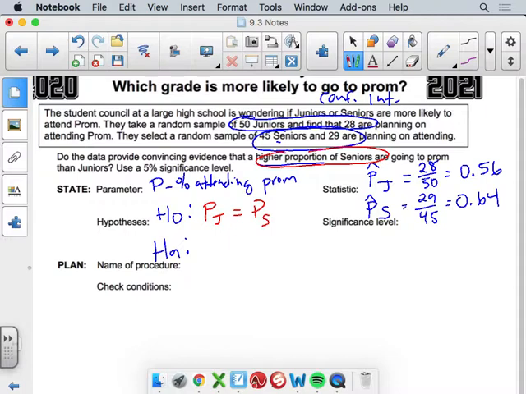So p_J equals p_S. And then my alternative, we think seniors is higher, so p_J less than p_S. You could have easily written these the opposite way, like p_S greater than p_J, p_S equals p_J, those are the same things. You can write it either way.